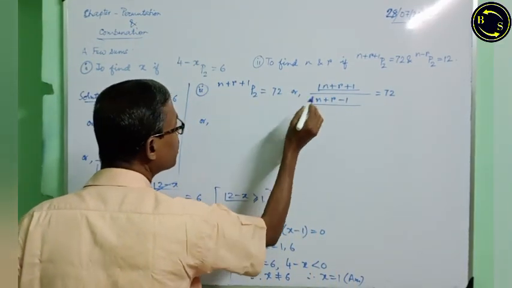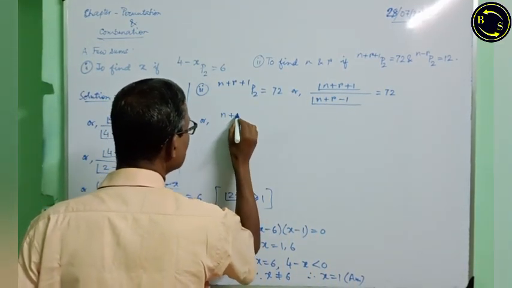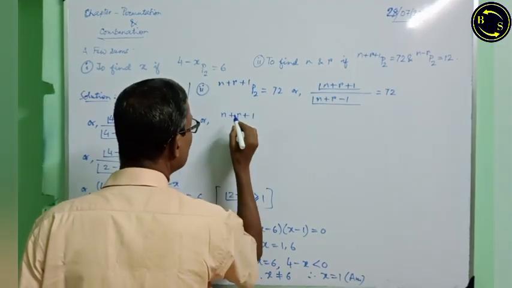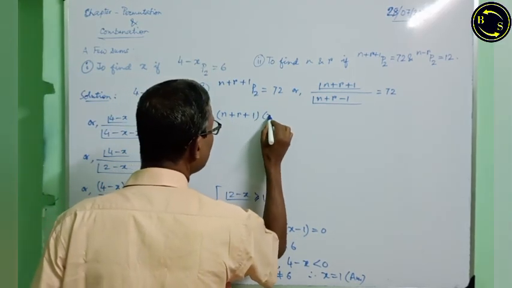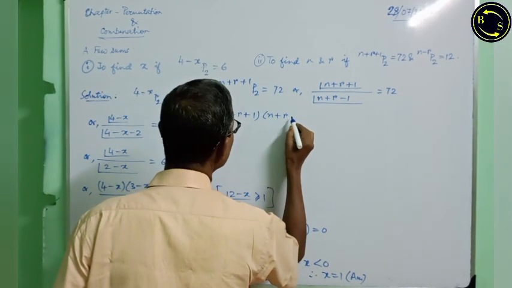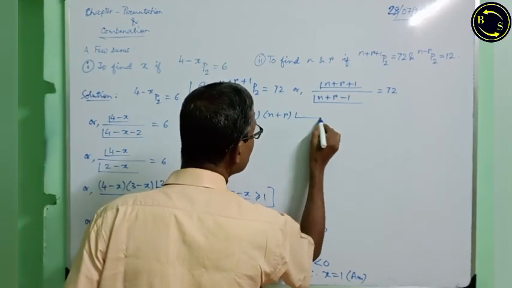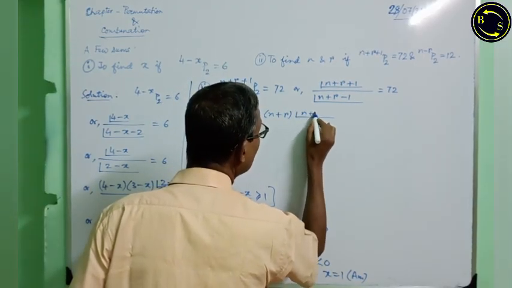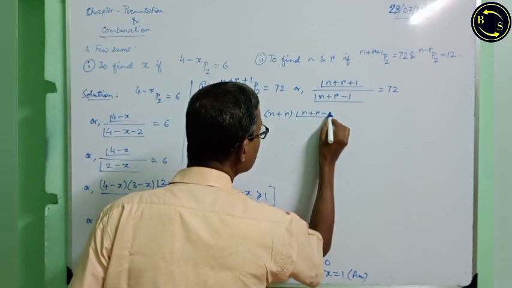Now, the numerator can be written as N plus R plus 1 into N plus R into factorial N plus R minus 1.